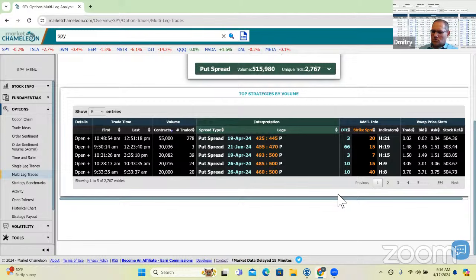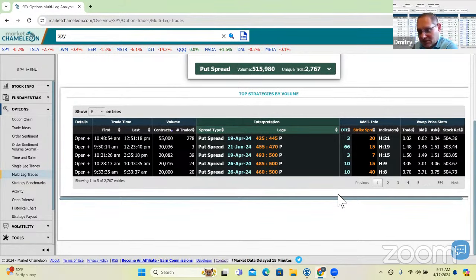If you're selling a put spread, well, what's important? It's important that you can sell it at the highest possible price. If you're selling something, you want to sell it at the highest possible price. If you're buying something, you want to buy it at the lowest possible price, right? That makes sense, right?